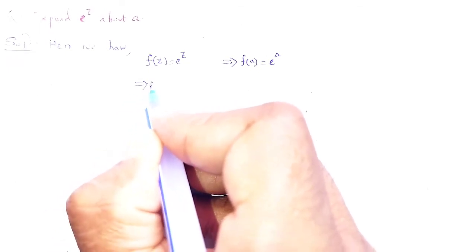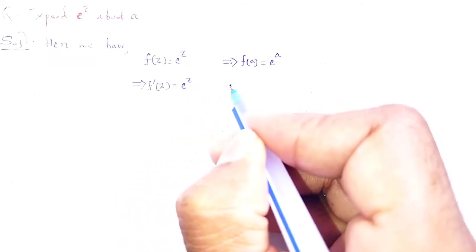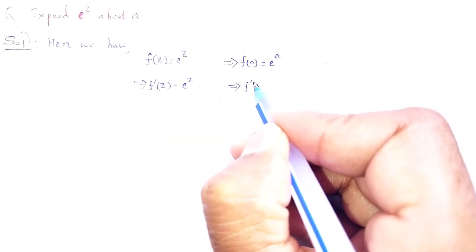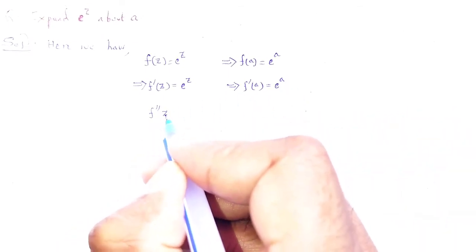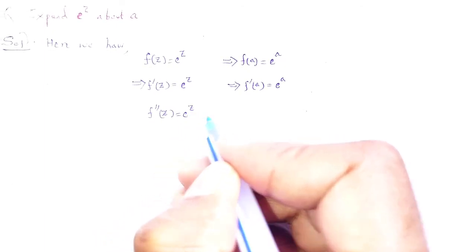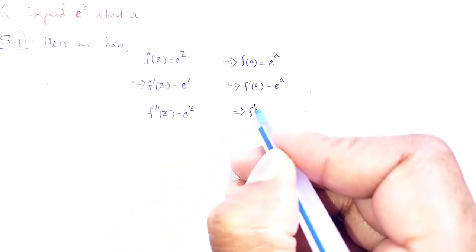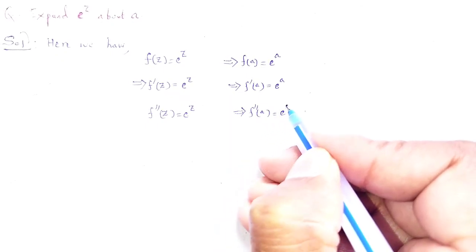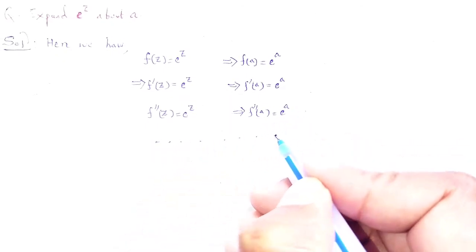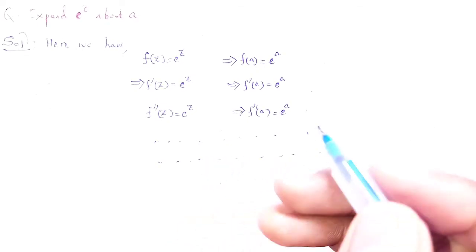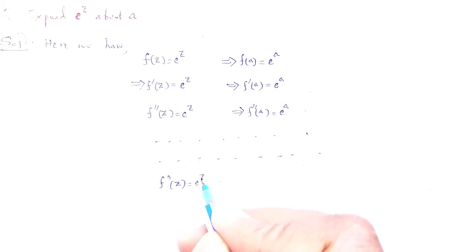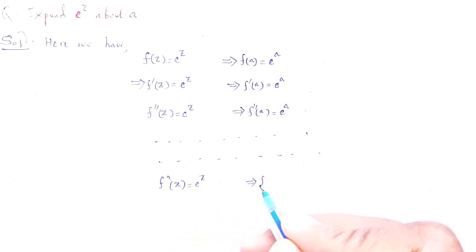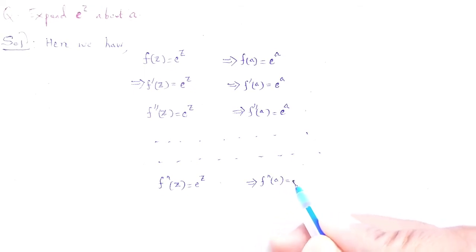Its first order differentiation f dash z is equal to e to the power z, which implies f dash a is equal to e to the power a. Second order differentiation f double dash z is equal to e to the power z. At point a, same e to the power a, and it continues. For nth order differentiation f n z is e to the power z, at that point f n a is equal to e to the power a.